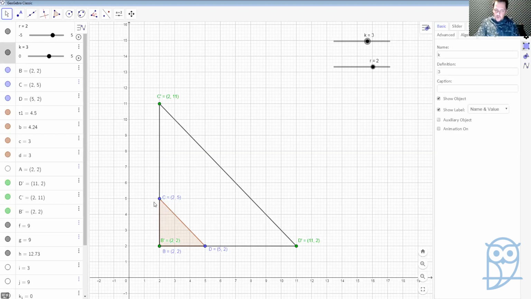So that's 1 length. Therefore, 3 lengths would start from here being 1, 2, 3.